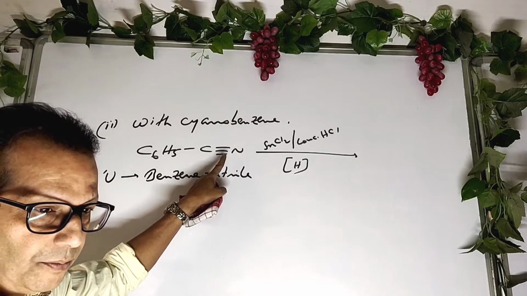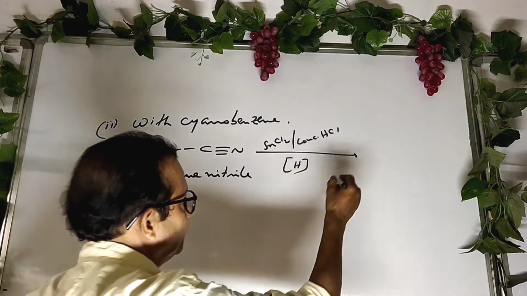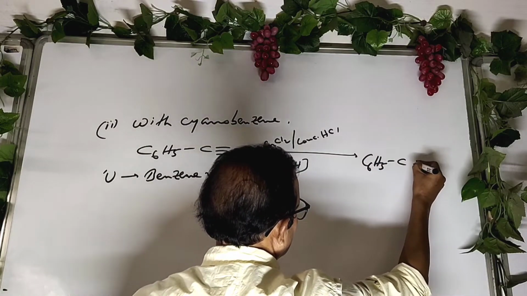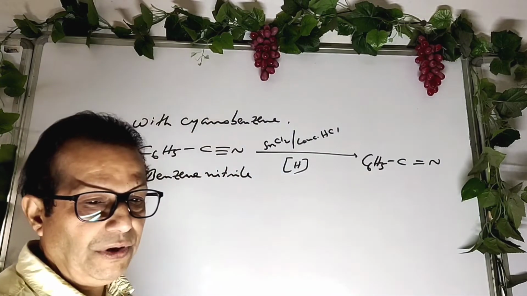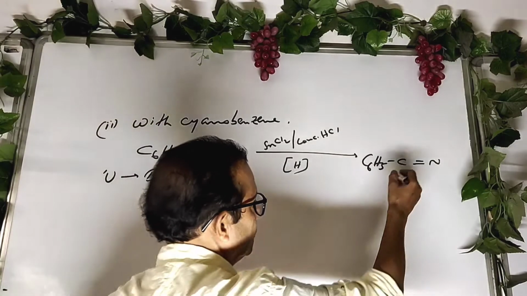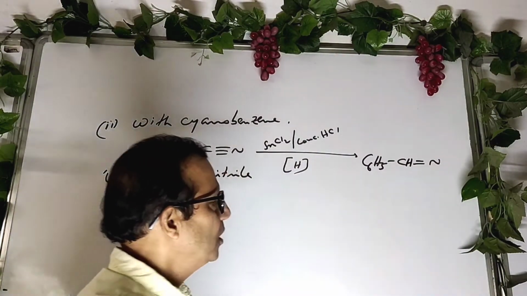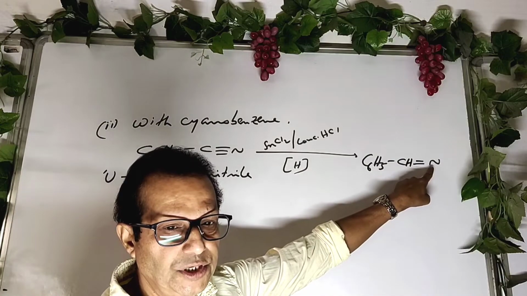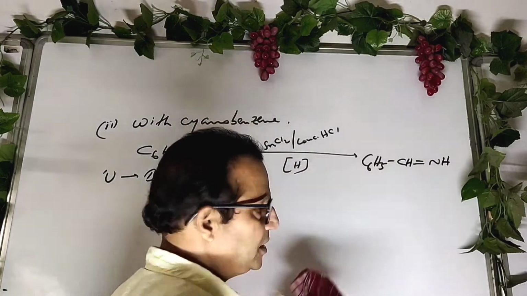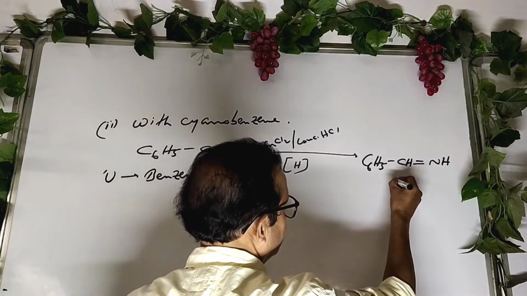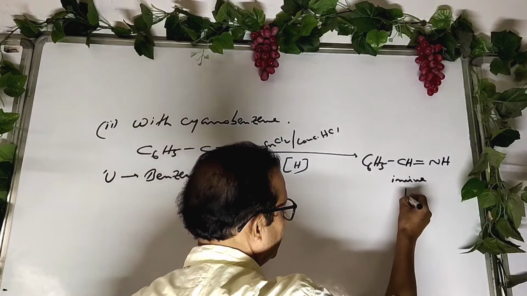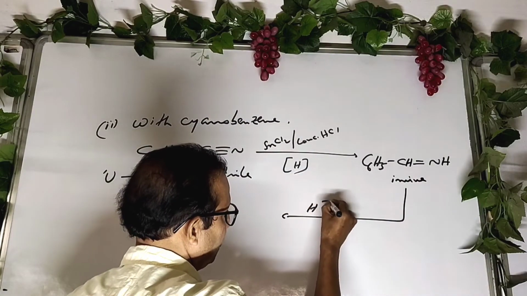Remove one bond from the triple bond. Fulfill the tetravalency of carbon by putting hydrogen. Fulfill the trivalency of nitrogen by putting hydrogen. This is imine. This is not the name of the compound, okay? This is a functional group.